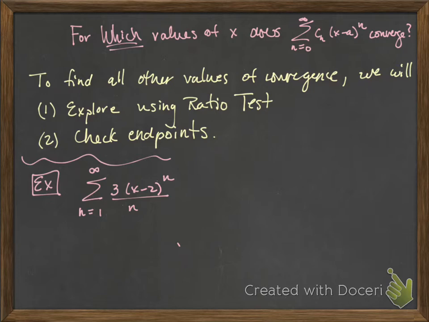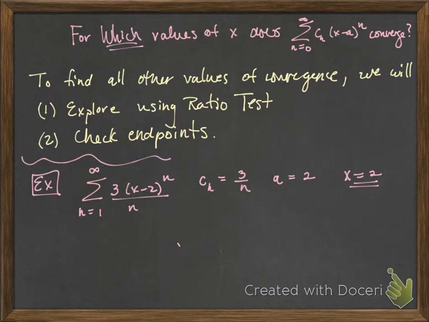If I identify all my pieces, c sub n is 3 over n, and my center is 2. So I already know off the bat that my series will converge for x equals 2.